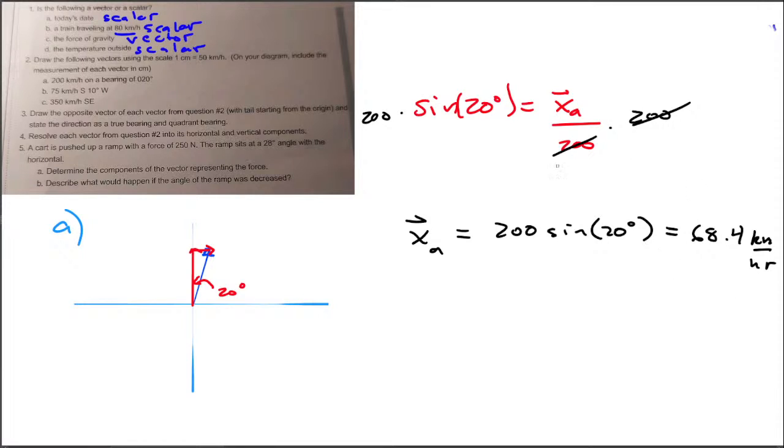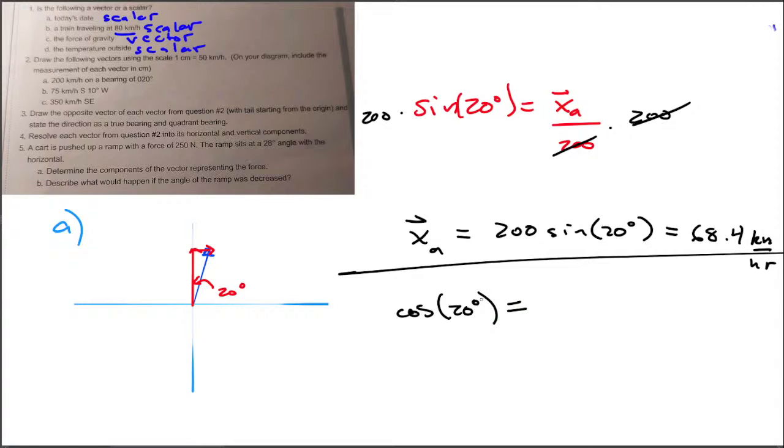So that's A, or that's not entirely A. We actually need the north vector as well. To find the other side, we'll use the cosine, right? This is 20 degrees, and we have the adjacent and the hypotenuse, so we'll use the cosine. That's the first part of A. The cosine of 20 degrees is equal to, let's call it y hat, the y component of vector A, divided by the hypotenuse, which is 200 kilometers per hour.